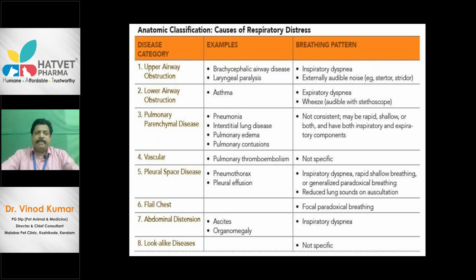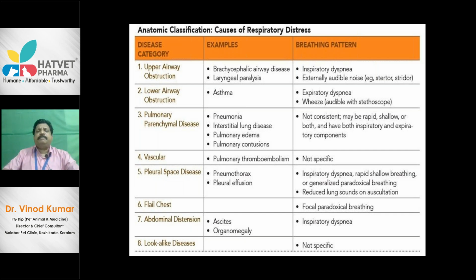Generally, if there is an upper airway obstruction, you see this chart, according to anatomical classification, these are the causes of respiratory distress. If there is an upper respiratory or upper airway obstruction, for example in brachycephalic airway disease or in laryngeal paralysis, the breathing pattern will be inspiratory dyspnea. As I told yesterday, if it is upper airway obstruction, inspiratory dyspnea occurs.